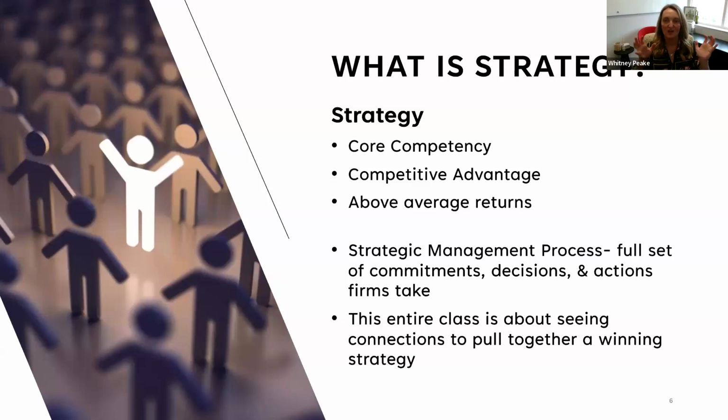In terms of what is strategy, when we talk about strategy, we're going to be talking about some very specific things. We're going to talk about core competencies, which are the major things within a firm that you leverage in order to get a competitive advantage, which means you beat out your competitors or you get a leg up and you earn above average returns. If we go way back to your introductory micro classes, if we're thinking about econ, we know that every rational decision maker in a business has the objective to what?